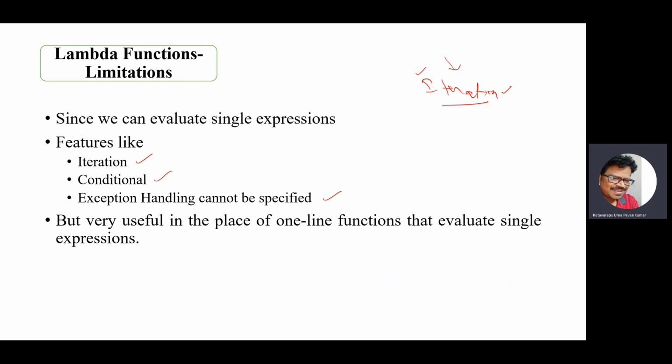Because the main functionality of the lambda function is to go ahead with simplification. Again, with those simplified things, if I'm again making use of all these kinds of complex aspects, there is no purpose of using the lambda function. But whereas they are very useful if I am performing a one line function that evaluates a single expression.